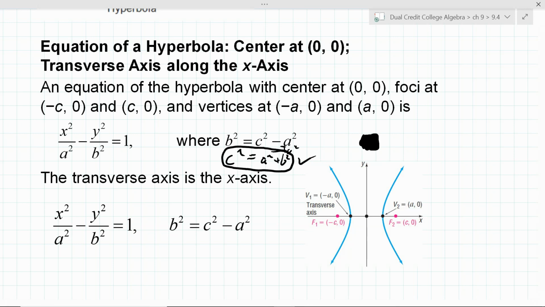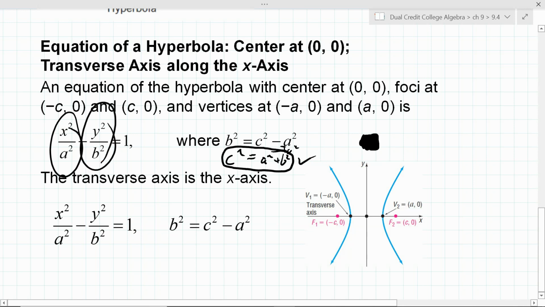So vertices always correspond to the positive. b is a distance that you're moving along the conjugate axis, so if I would add to this picture, I could put a point here somewhere, and that would be b, and then a point along this y-axis down b, so that's minus b.